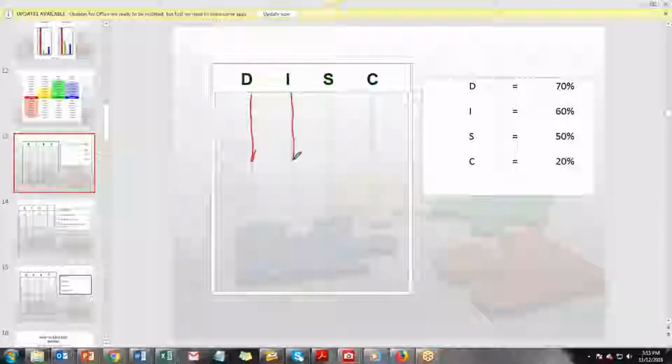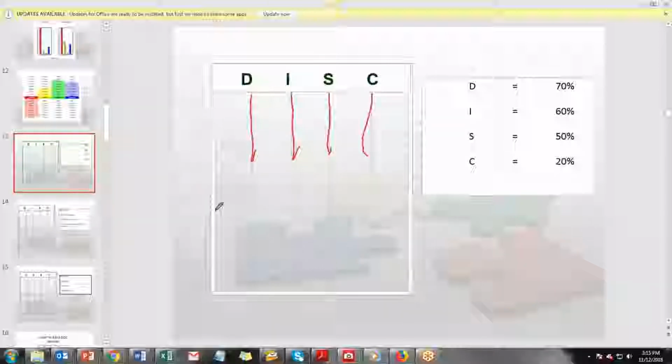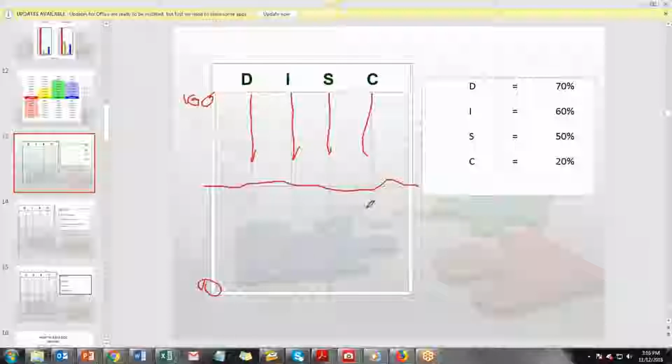This is the I line, the S line, the C line, and then this is the 50% line, and then 0 is here, 100 is at the top of the graph, and I'm going to see if Andrea can move my, well, wait a minute, let me erase this mess. Not only do I not know how to do it, but my mouse is messed up.